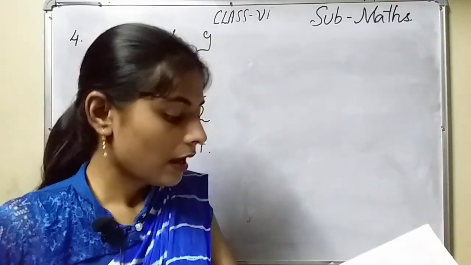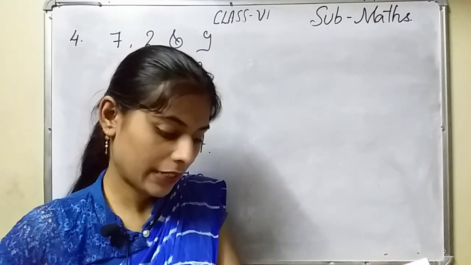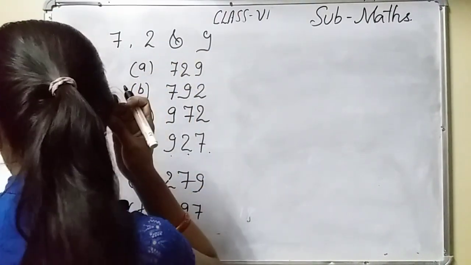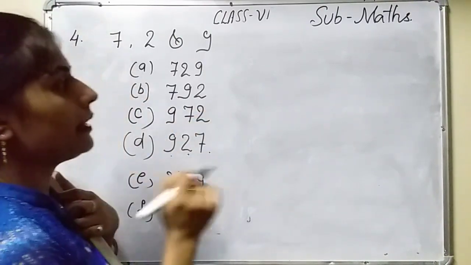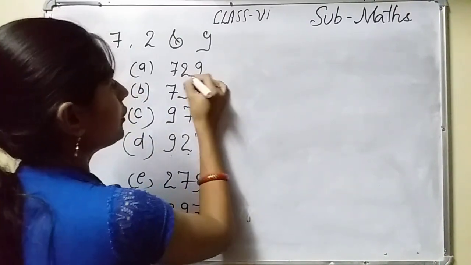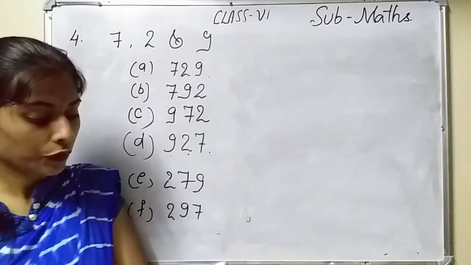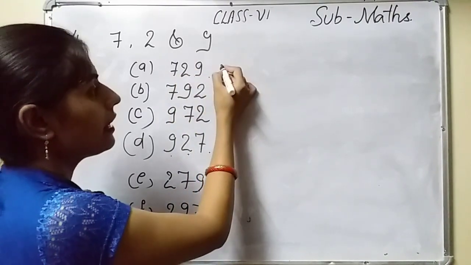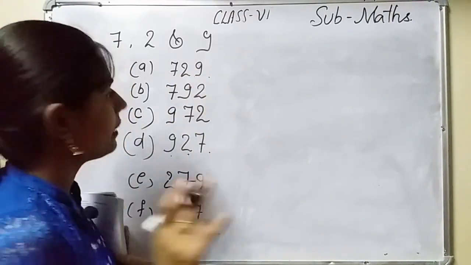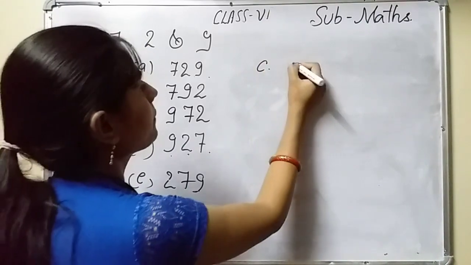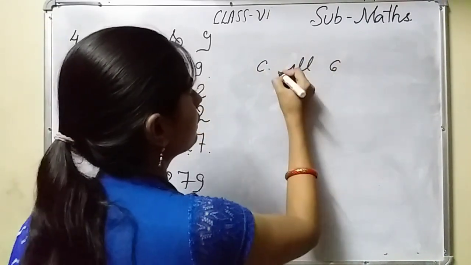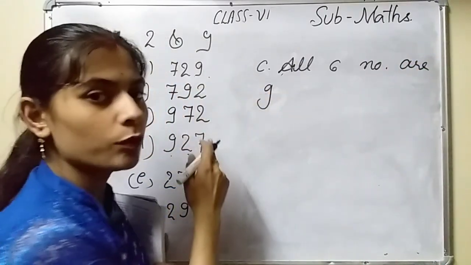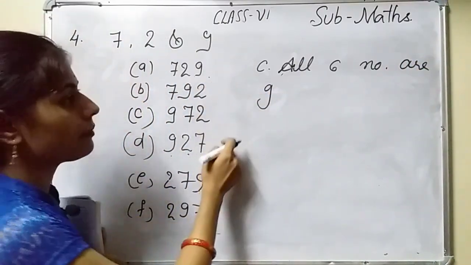Now see, how many of the numbers formed in A are divisible by 9? Now see, 7, 2, 9. For this also what you have to do? 7 plus 2 is 9, 9 plus 9 is 18. Each and every sum is 18. So all 6 numbers are divisible by 9, similar to B. Here also you have to get the sum and see which number is divisible by 9.